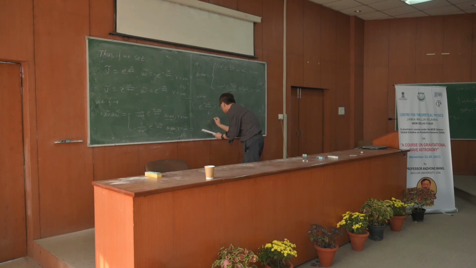This is exactly equal to 1 over R minus 2m E to the minus R, for R greater than 2m. So minus 1, R minus 2m, E to the minus.